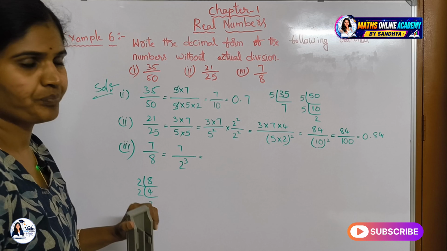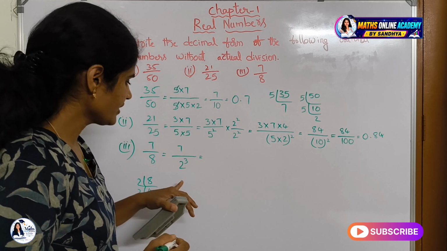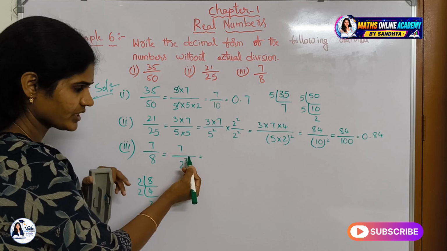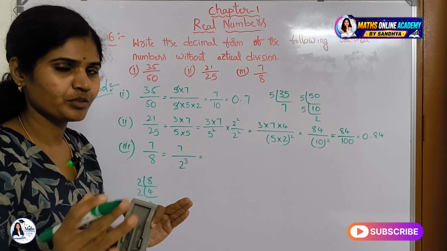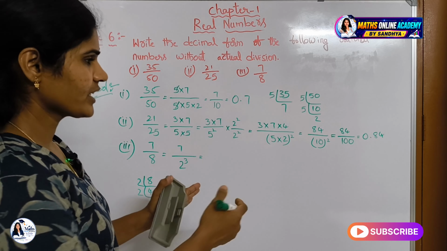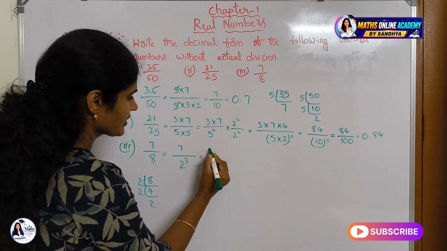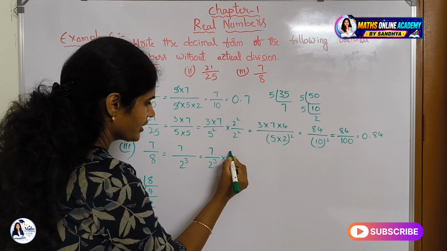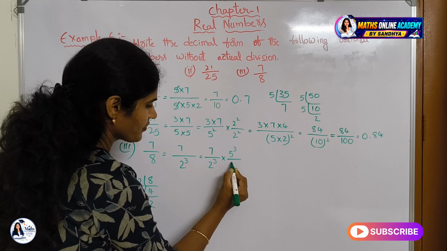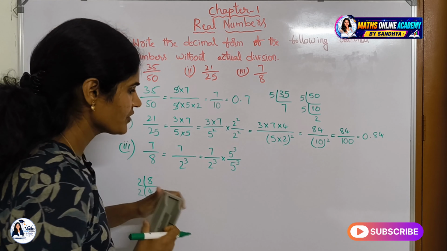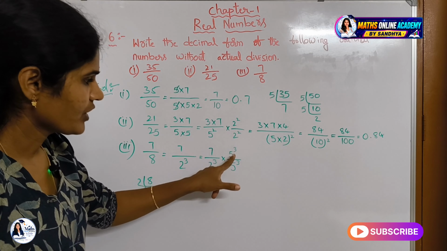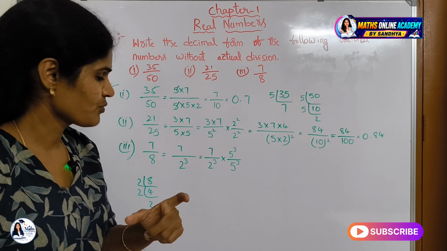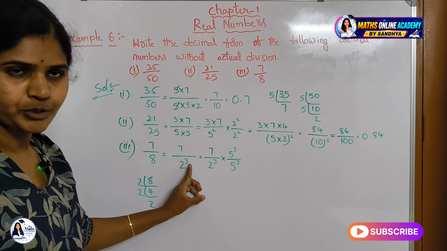If q is in the form of 2 power n and 5 power n, if we use 5 here, it will become 10, 5 into 2, 10. That is easy to convert into decimals. So 7 by 2 cube. If you multiply and divide with 5 cube, the 5 cube cancels and it will come 1. Why we are using only 5 cube? Because here already 2 cube.